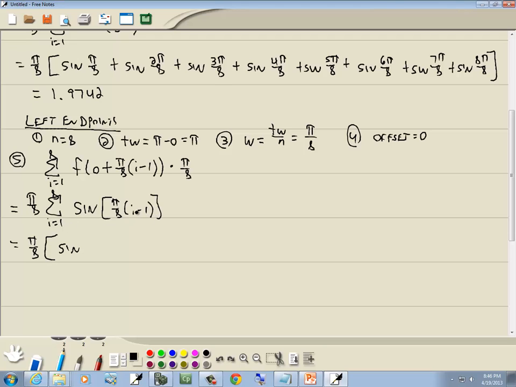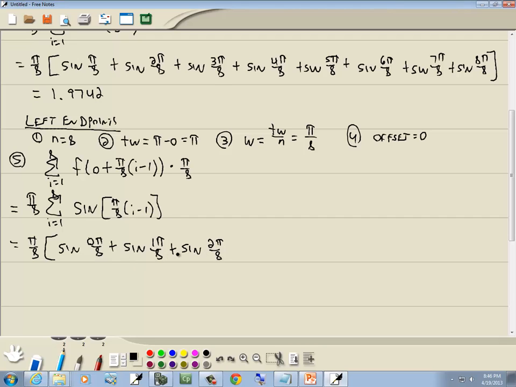If I put 1 in for I, I get 1 minus 1, which is 0, so you get 0 pi over 8. Plus sine, and if I put in I equals 2, 2 minus 1 is 1, 1 times pi over 8 is 1 pi over 8. Plus sine, and if I put in 3, 3 minus 1 is 2, I get sine of 2 pi over 8. You see the pattern?